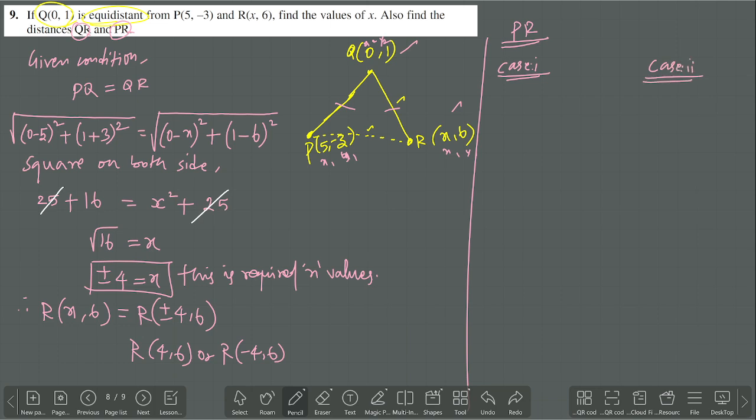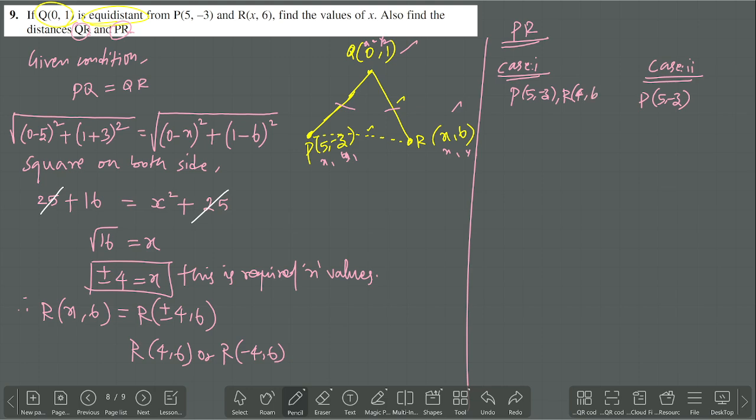So what is case number 1? Point P I have 5 comma minus 3, but point R I have 2 what? Okay. So 4 comma 6.